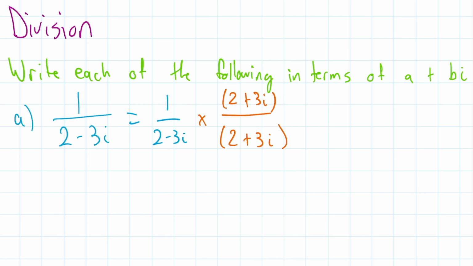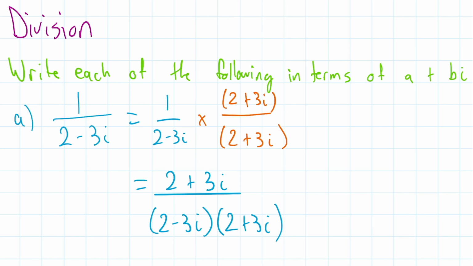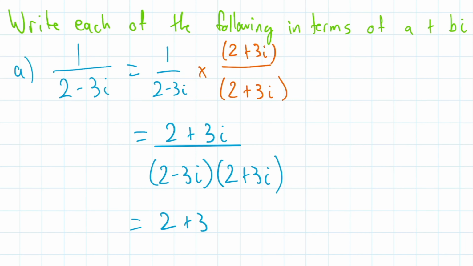If I go ahead and do that, 1 times 2 plus 3i is going to equal 2 plus 3i. And on the bottom of my fraction, I'm going to now have 2 minus 3i multiplied by 2 plus 3i. If I expand the bottom, 2 times 2 gives 4.